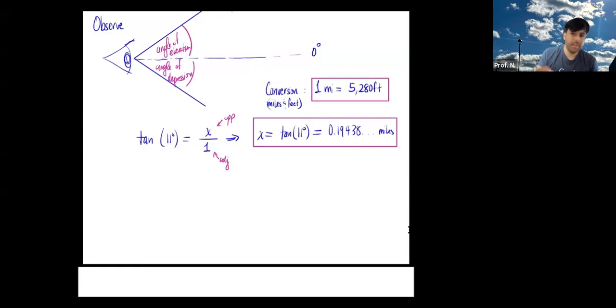To find out how many feet there are in 0.19438 miles, just multiply this number by 5,280 feet. So I do 0.19438 multiplied by 5,280, and I get 1,026.33, rounded to the nearest hundredth.